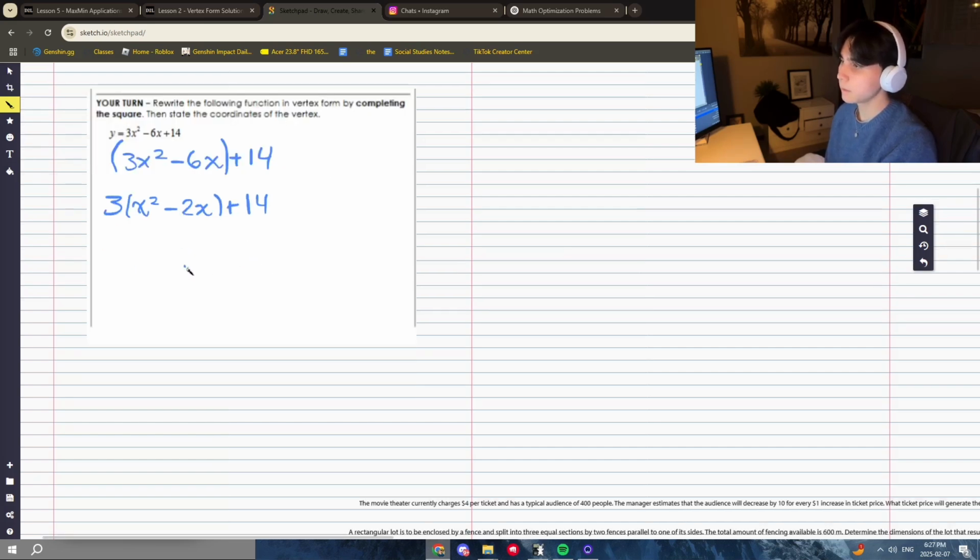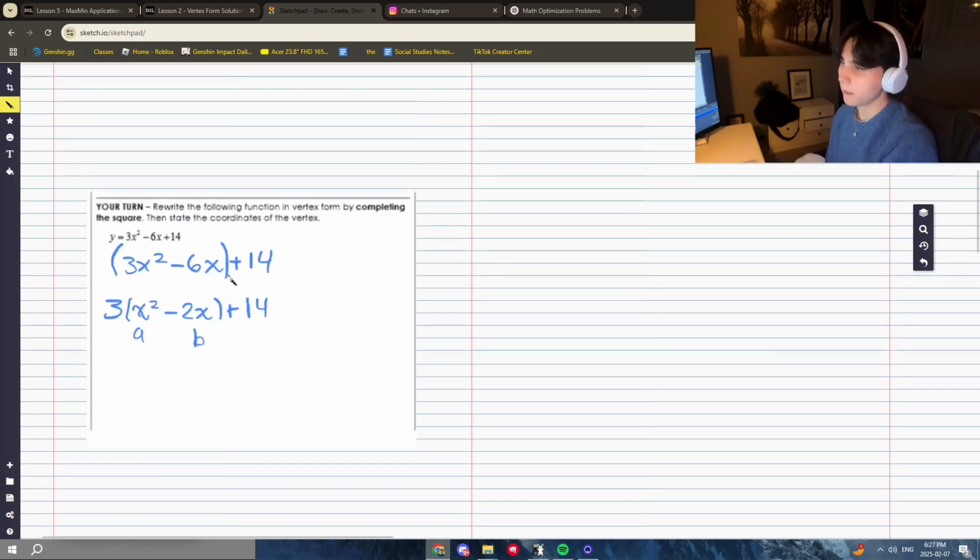Now what you can do is label these a and b. To complete the square, you take your b value, which is negative 2, divide it by 2, which gives us negative 1, and you square it. Now you get 1.